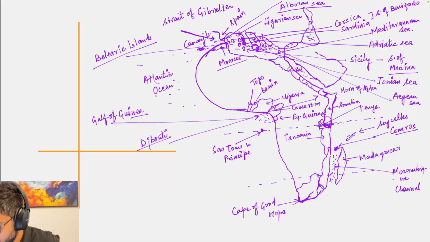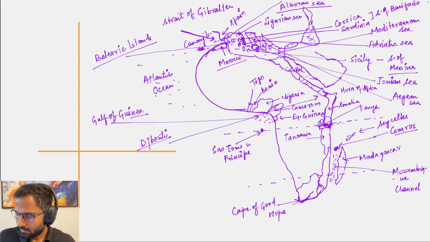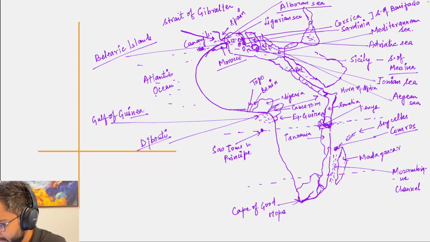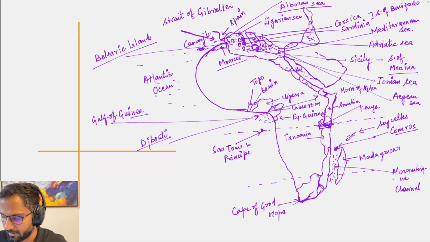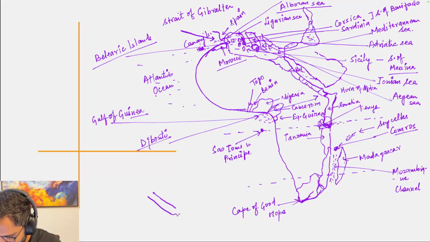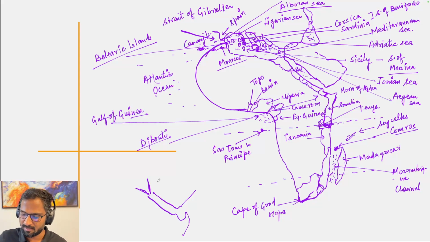Okay, so these are the different areas surrounding Africa continent. In fact, if you look at Red Sea, which I have drawn from here, Red Sea breaks into two very narrow water channels.